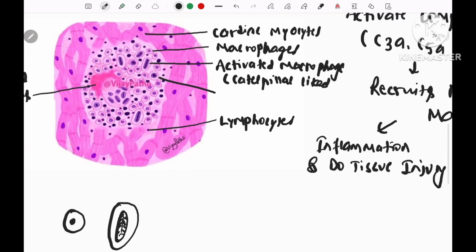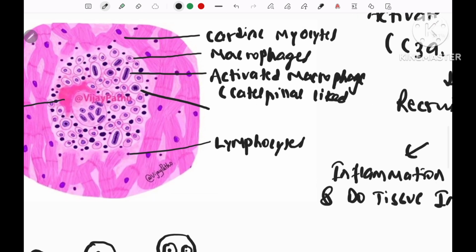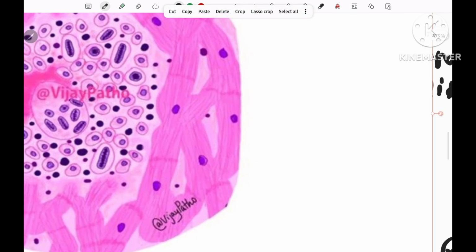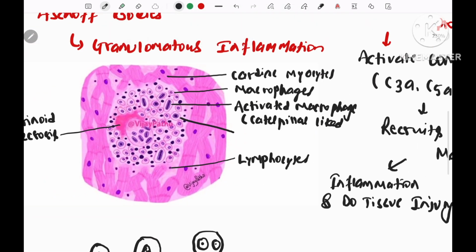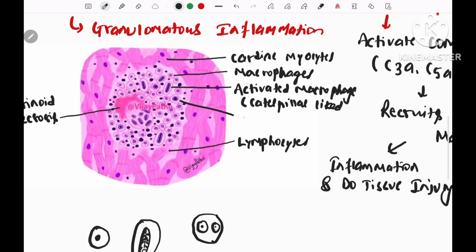The owl eye looks like this, and we are seeing a similar structure here. So this is an owl eye like appearance.